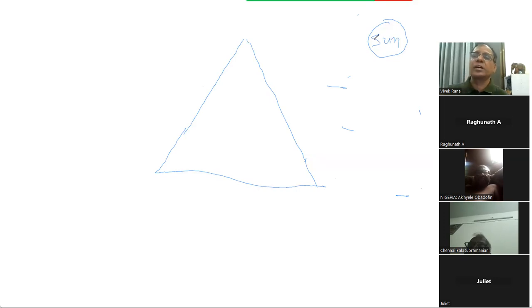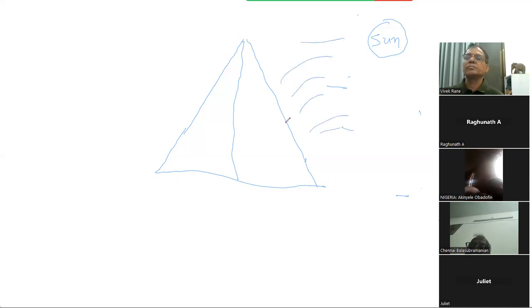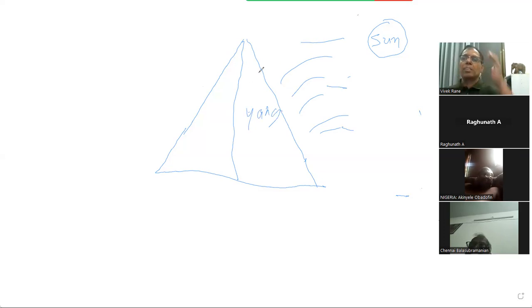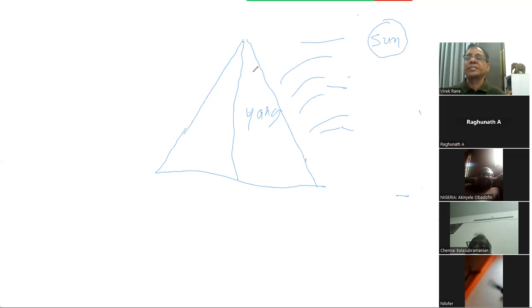The hill part in front of the sun is the yang, and the backside of the hill is in dark shadow.